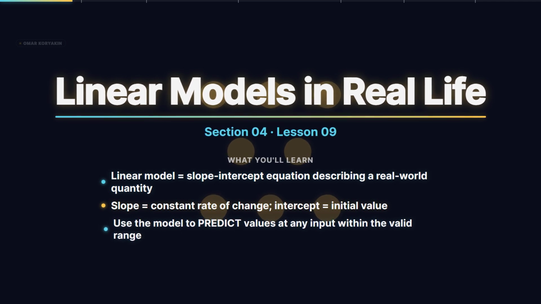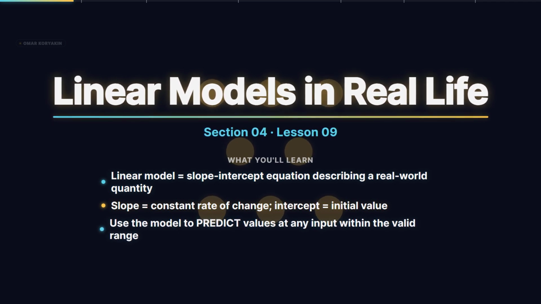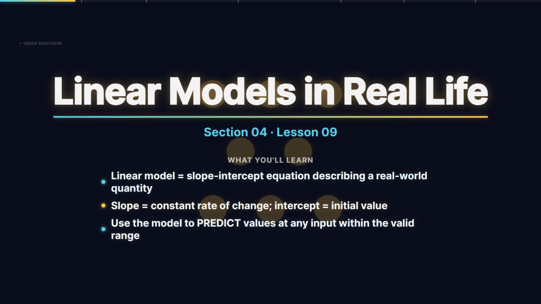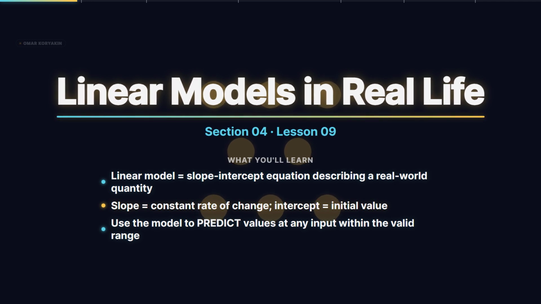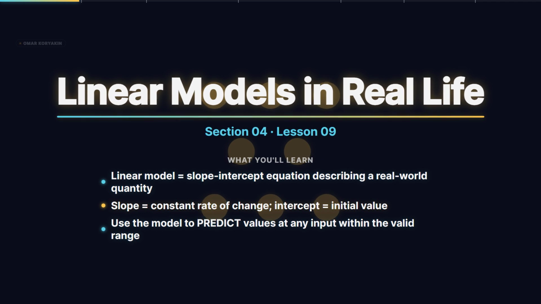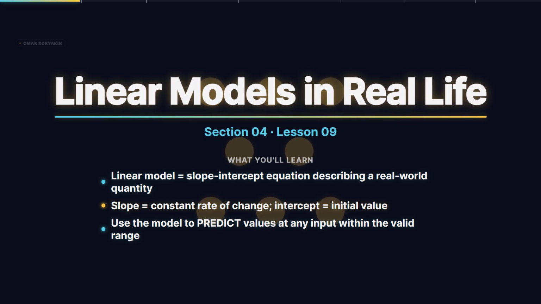Always note the valid range of the model. Linear behavior often holds only within a specific input range, and extrapolating outside that range produces predictions that may not match reality. Today we walk through one increasing rate model and one decreasing rate model, illustrating both positive and negative slopes in real-world contexts.